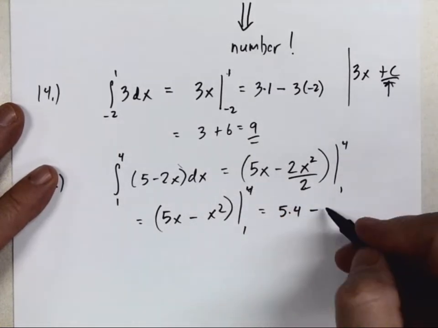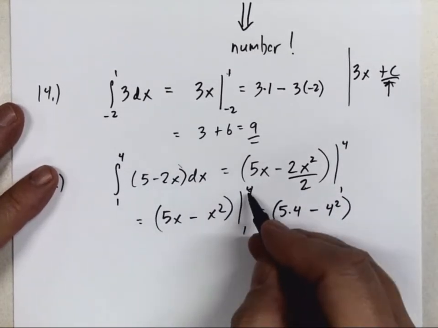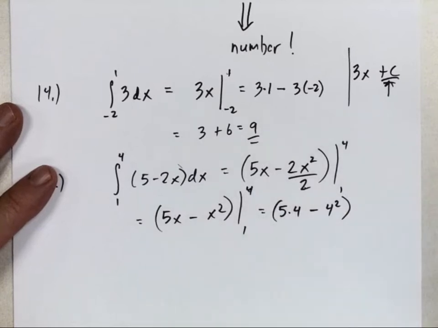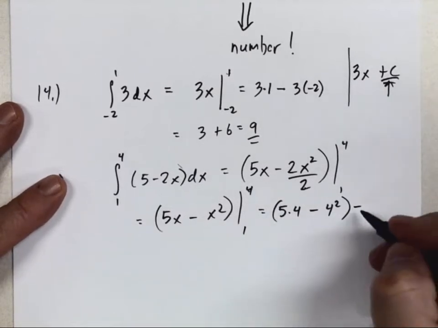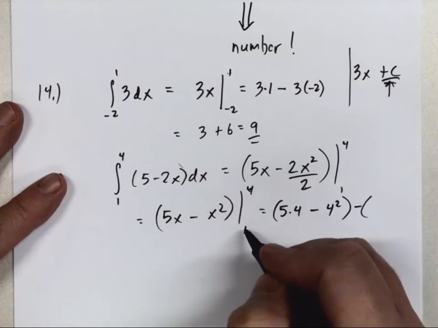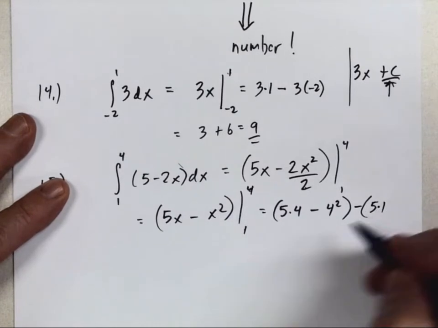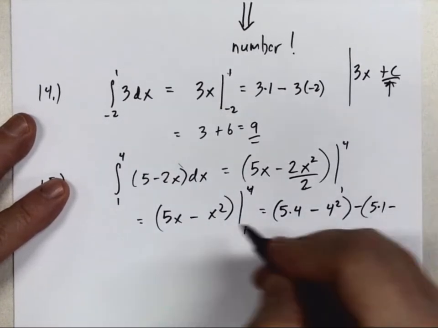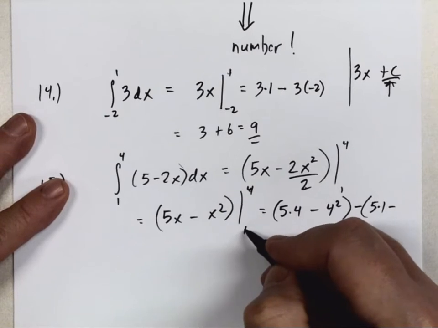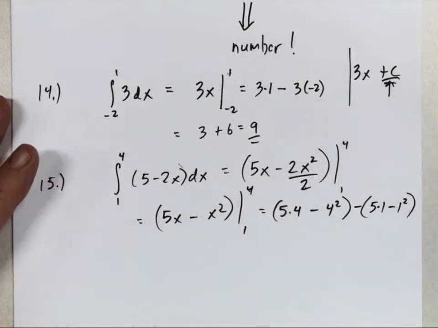So I put in 4 for x, it's 4 squared. So this is the expression with 4 replacing x. Then it's always subtract. And now I'm going to rewrite the expression, except in place of x, I'm going to put a 1. So 5 times 1 minus 1 squared, but I'm putting in a 1 for x.